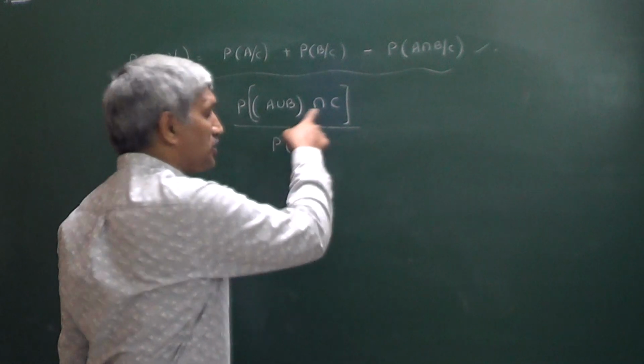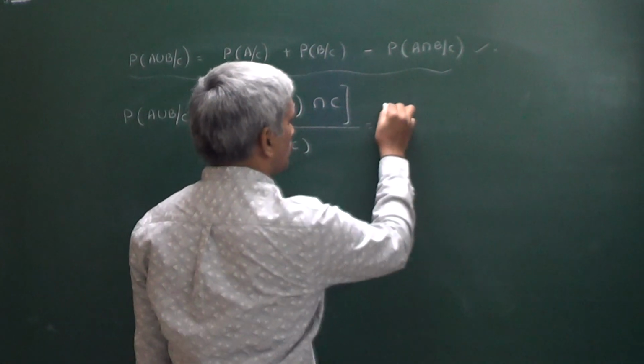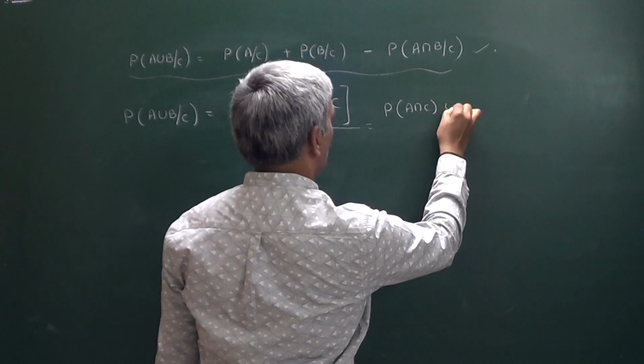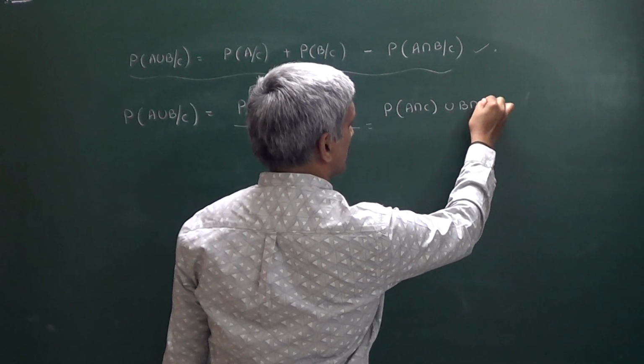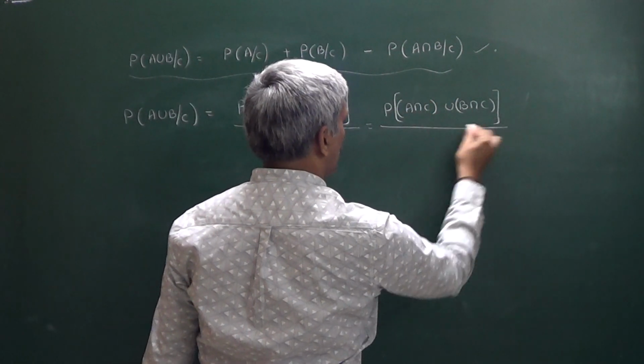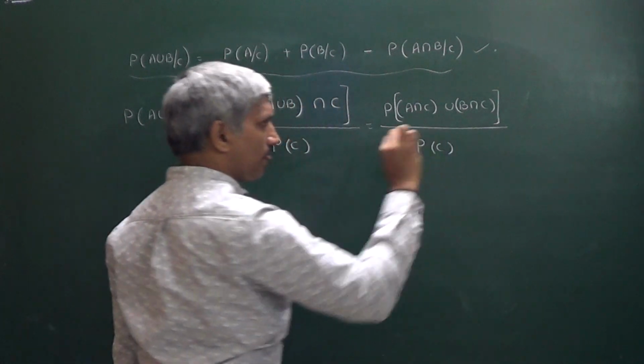Now according to the distributive law, we can write this as P((A ∩ C) ∪ (B ∩ C)) divided by P(C).